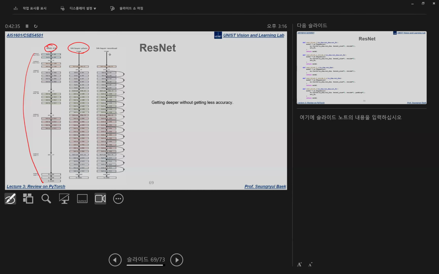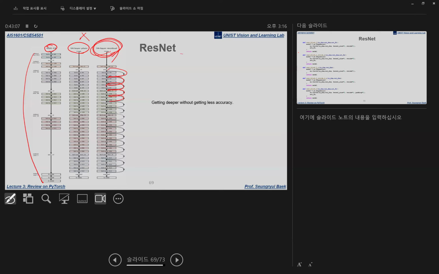But this is the extension of VGG with the residual connections. So this is not working, because of the vanishing gradient phenomenon, but by introducing the residual connection, the training of this deeper architecture becomes workable. So we can get better accuracy by stacking more layers.